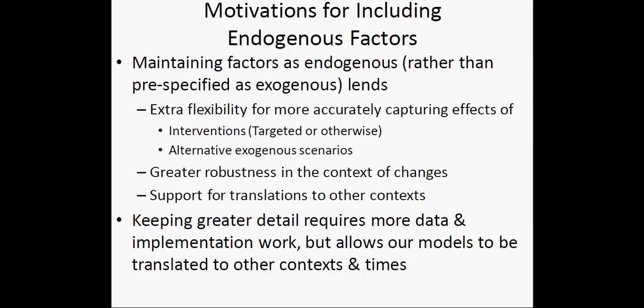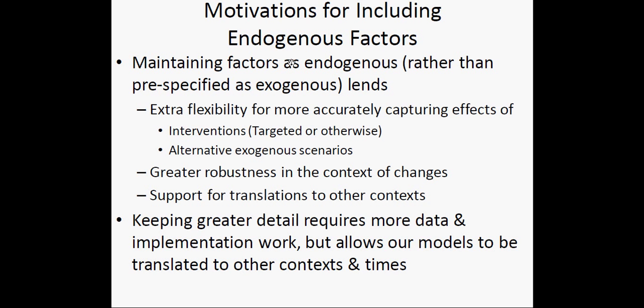On the other hand, if we keep greater detail in the model, if we endogenize more things, it often does require more implementation work and sometimes more data and sometimes more theory to be leveraged. Okay, exactly how is people's mobility pattern and level of sedentary behavior dependent on their physical environment?